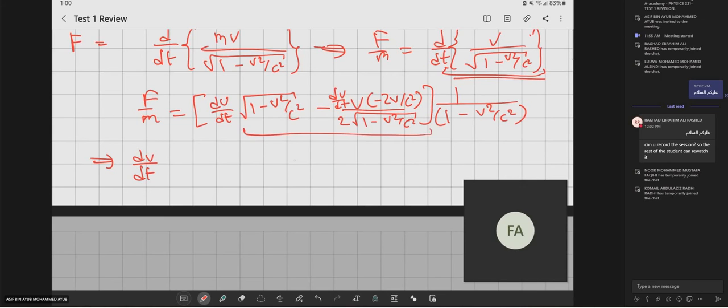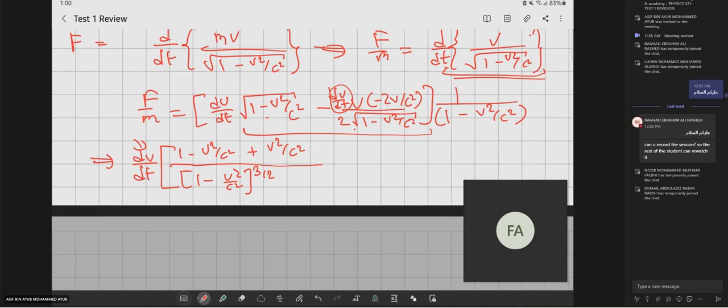And if I simplify this, which is not that hard, inside the bracket I'll get 1 minus v squared over c squared. I'll take this as a common factor in the denominator, and I'll multiply with this thing. So together, I'll have a factor of 3/2. And if I multiply this with this, I'll have 1 minus v squared over c squared. And since I took dv by dt outside, inside I'll have simply plus v squared over c squared.